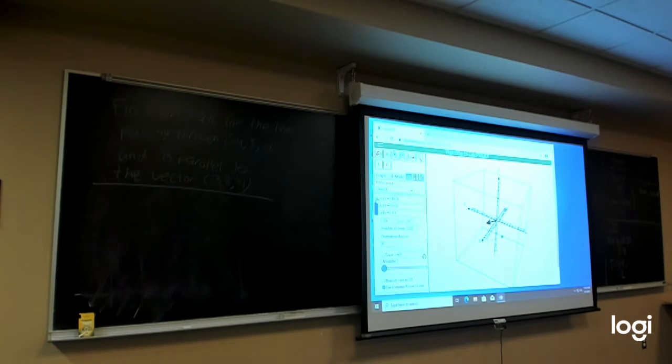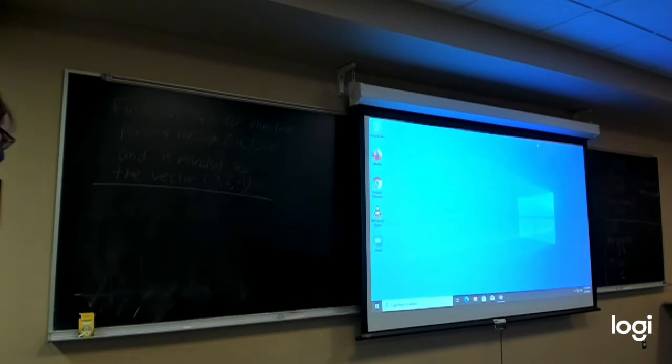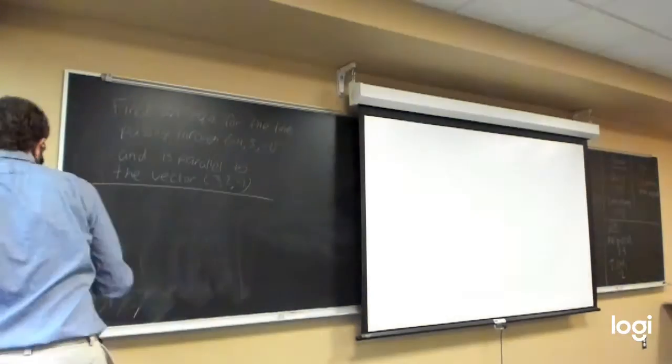In other words, I want to find the formula for this line, where this vector tells us where the line's pointing, and the line passes through this big blue point at (-4, 5, -1).